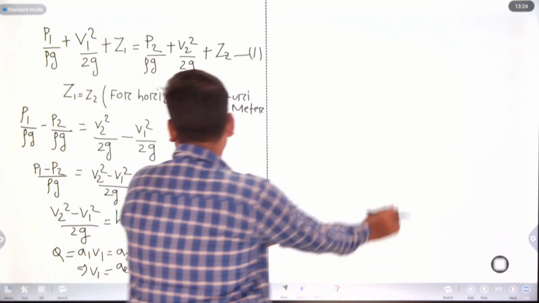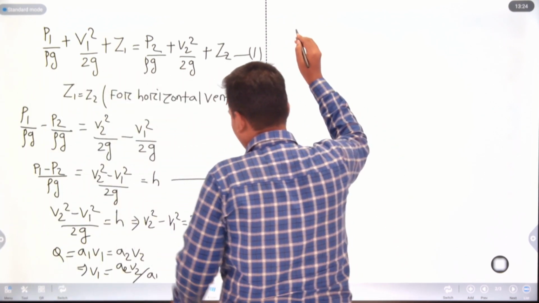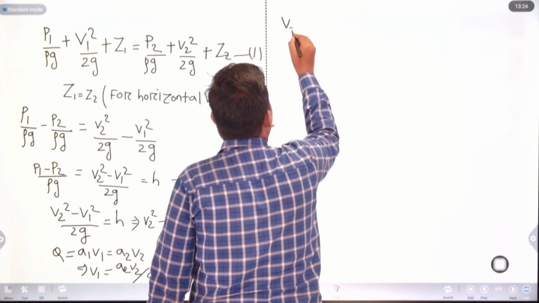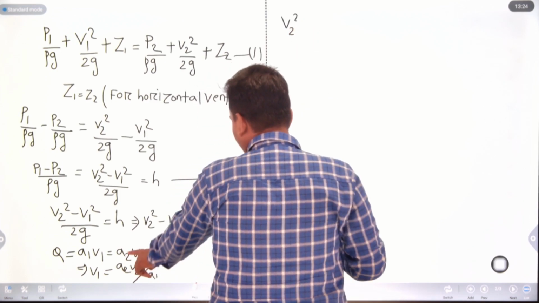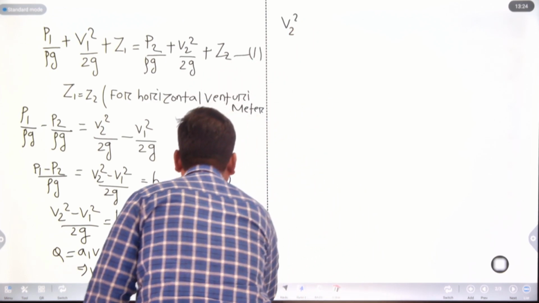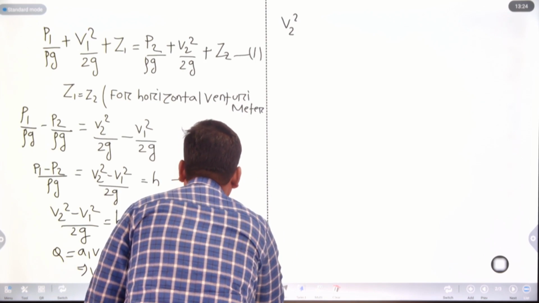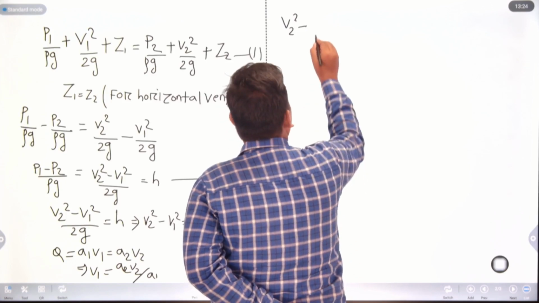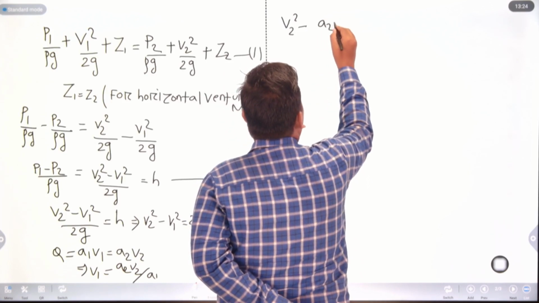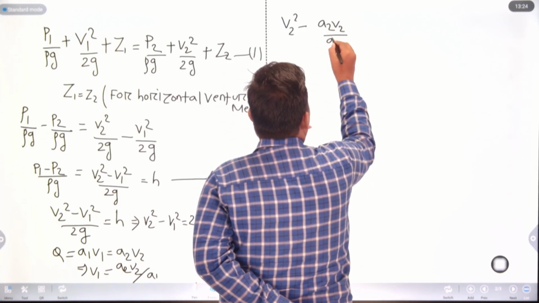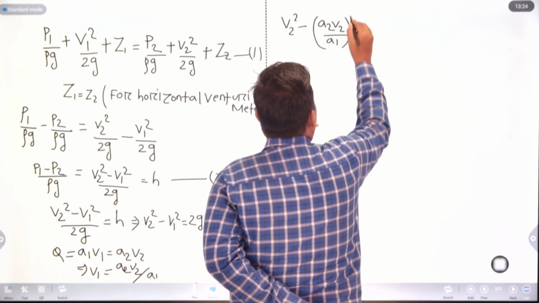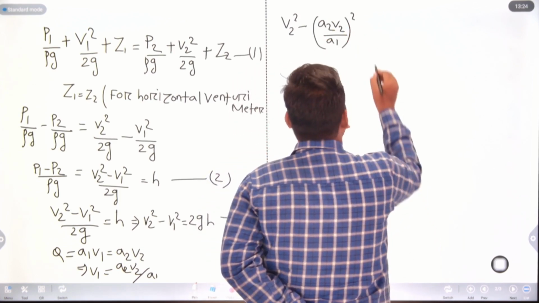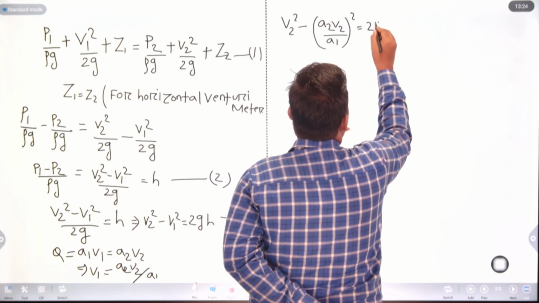Now putting the value of V1 in equation 3, V2 square minus A2 V2 divided by A1 whole square is equal to 2gh.